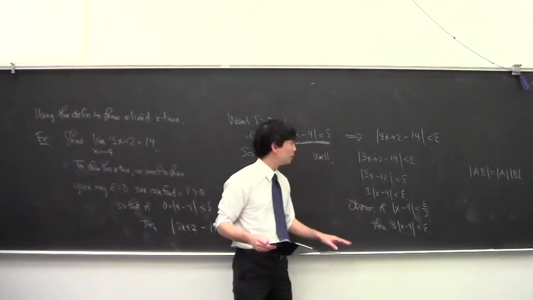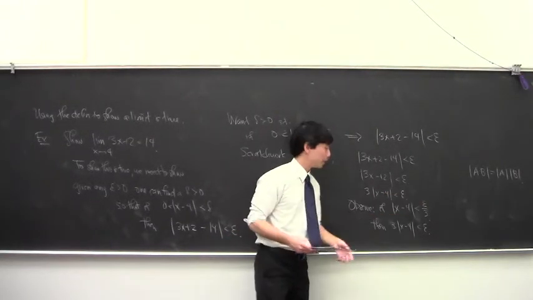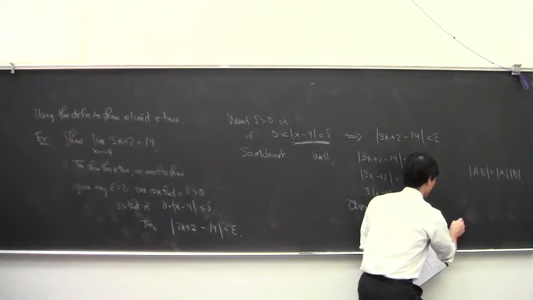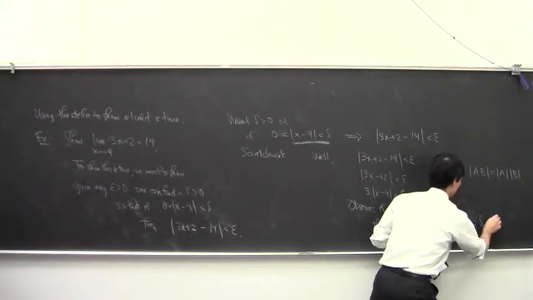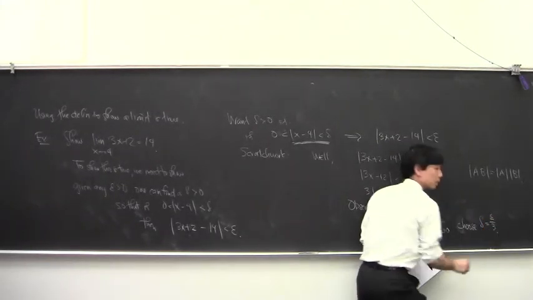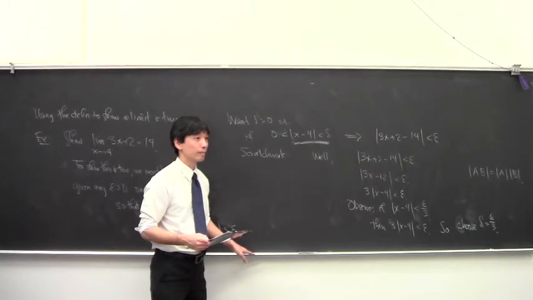So what delta do we choose? We'll choose delta to be epsilon over 3. So then, do you say it like that because it's possible to find that and the limit does exist? Exactly.